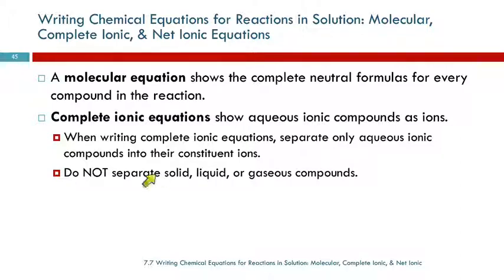Also, anything solid would include those insoluble compounds. If we have liquids or gases, those are also just written as they are. They don't separate into ions because they're probably molecular compounds. So writing a complete ionic equation, if you see a state symbol aq, you separate that into its ions. But if you see solid, liquid, or gas, just leave it alone. Write it down as it is.